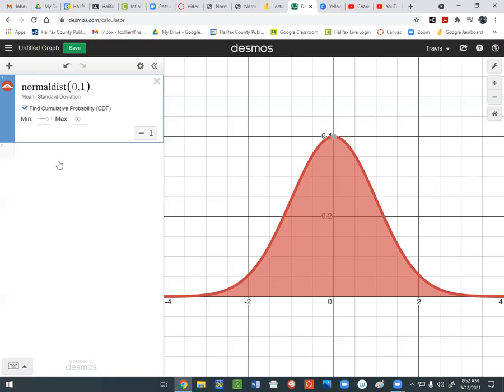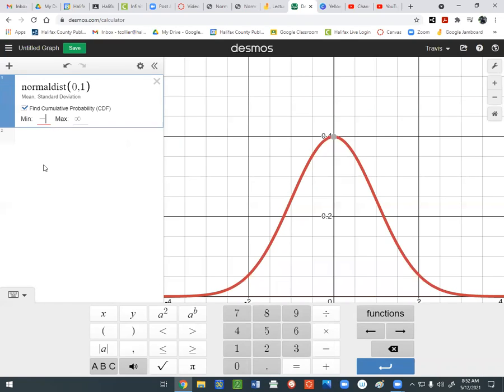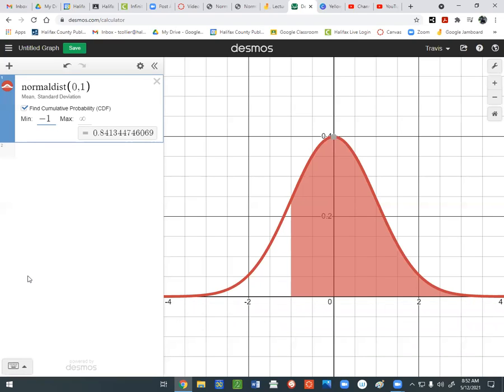Okay, so for minimum, I want you to click on the minimum, and I want you to type in -1. And what you'll notice is on the graph, the -1 is going to be right here on the x-axis. So -1 is going to be your lower limit.